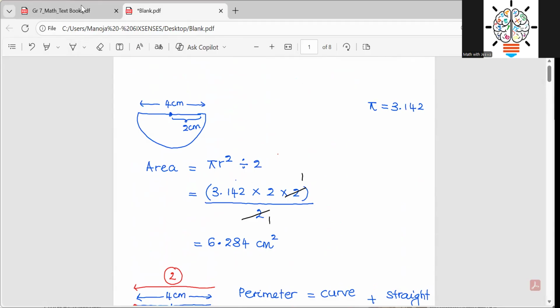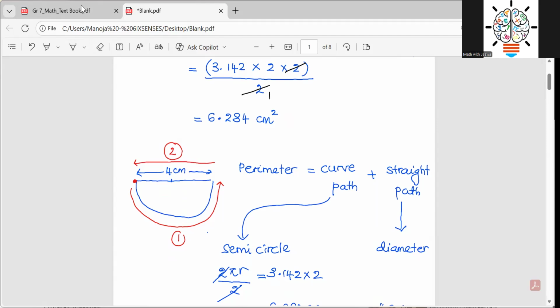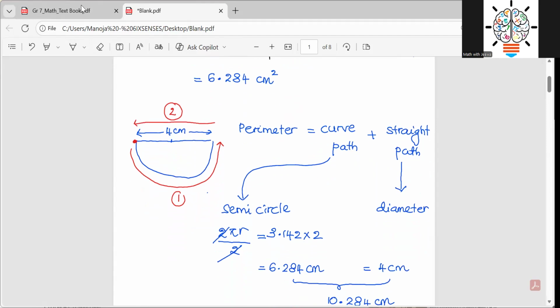But for the time being, if you have a semicircle like this, to find the area, you get the full circle area and divide by 2. And then to get the perimeter, you want to start from one particular corner and go around the shape. So first you go the curve path and then you go the straight path and come back to the initial position. That means you have covered the full figure.